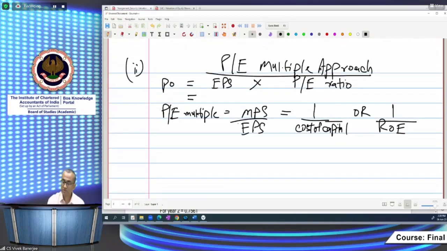So in this case, price earning multiple will be 1 upon return on equity, which is given in the question. It is actually 9%. So 1 upon 9. So let us calculate it.